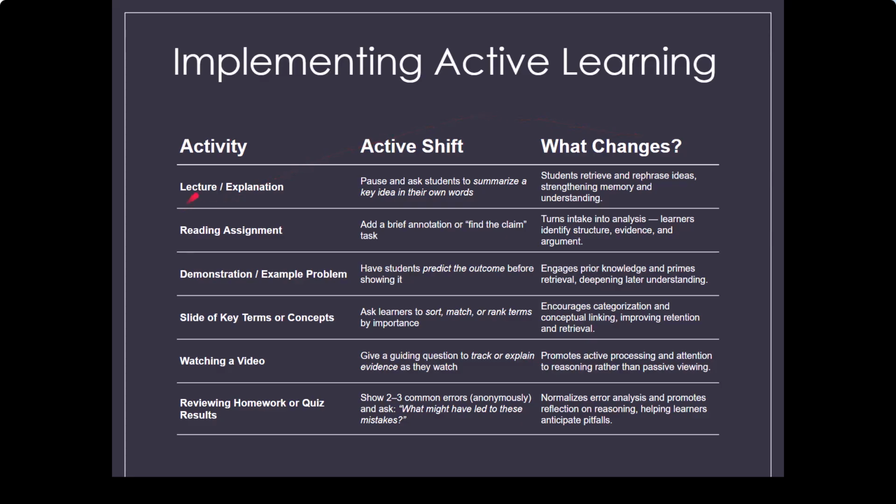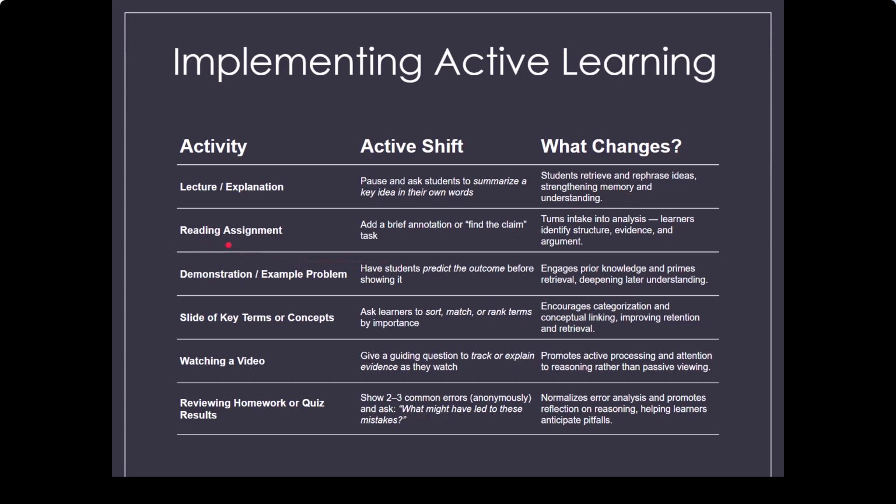So here we have a lecture, and the strategy is pause and ask students to summarize a key idea in their own words. And what changes is this: that students retrieve and rephrase ideas, strengthening memory and understanding.